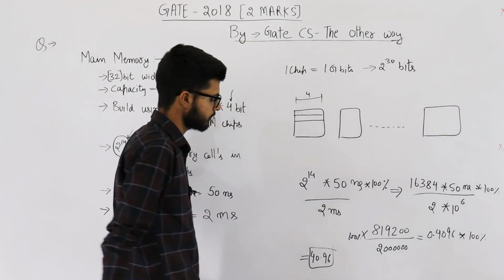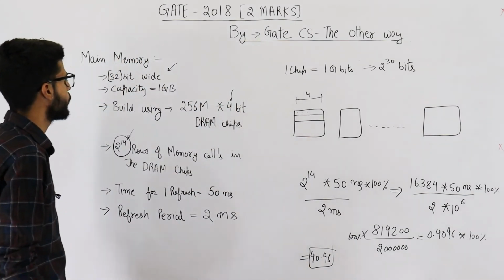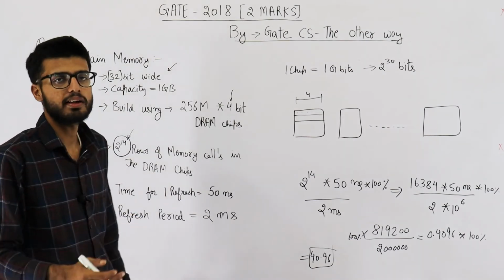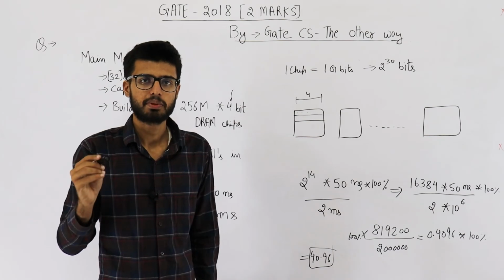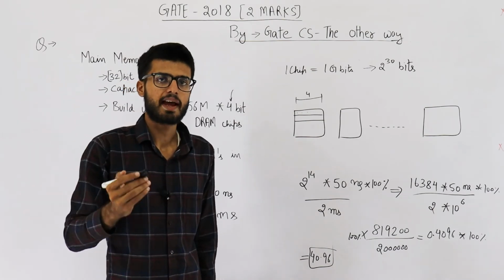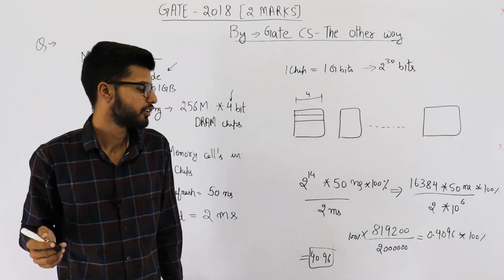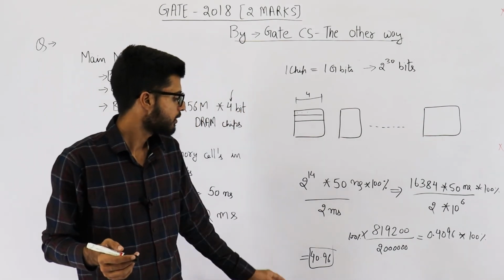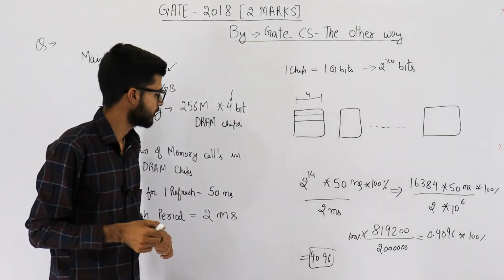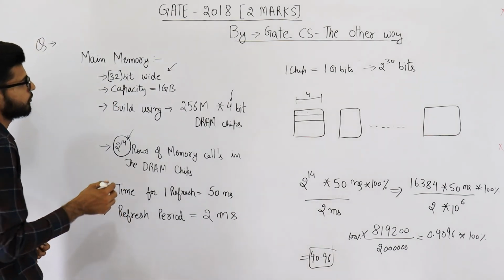So you can just subtract this from 100% to get the time that is available for reading as well as writing. That means the percentage of time the RAM is free for read and write after refreshing will be 100 minus 40.96. It is going to be 59.04%.